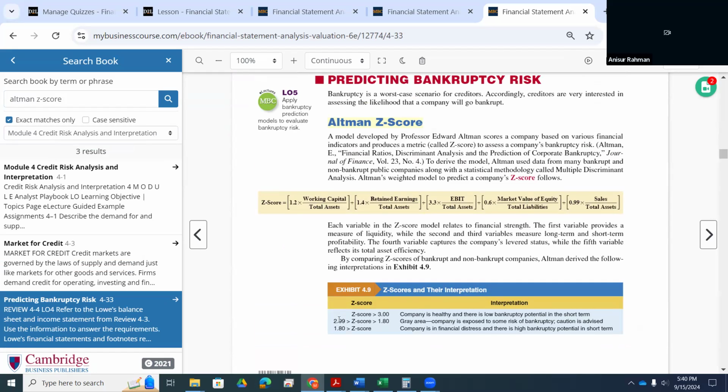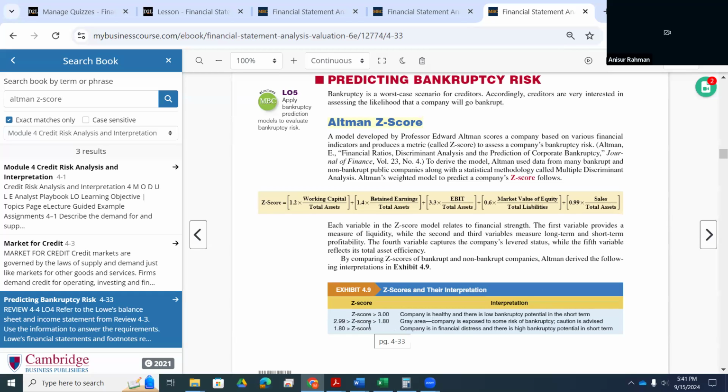For example, if you look into this scale and interpretation, you'll be able to predict. If the Z-score, that means the value that you get using this formula, is greater than 3, the company is healthy and there is low bankruptcy risk.